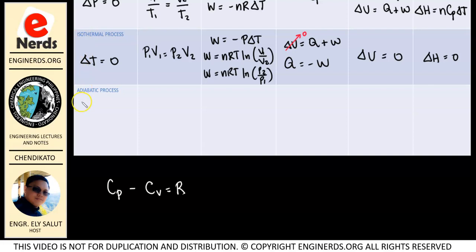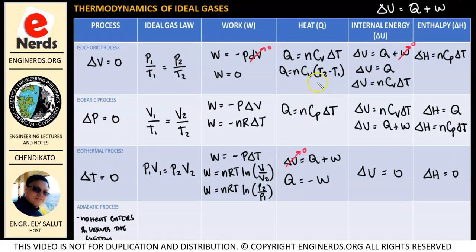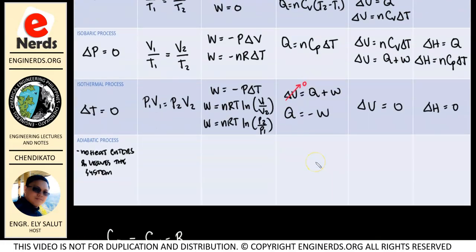In adiabatic process, no heat enters and leaves the system. So that means if no heat enters and leaves the system, our heat, our Q, is equal to 0 because there is no change in heat in our system, right?